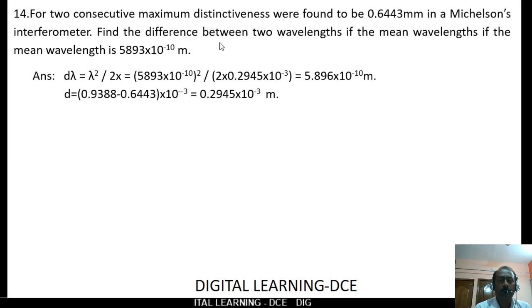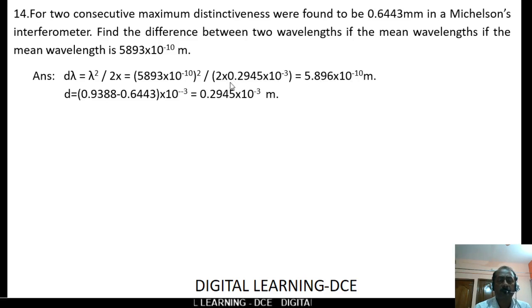Here in the above problem, the distance is not written. You can just correct it. 0.2945 into 10 raised to minus 3 meter is the distance moved by the mirror, that is x. On further calculation, you got 5.896 into 10 raised to minus 10 meter.